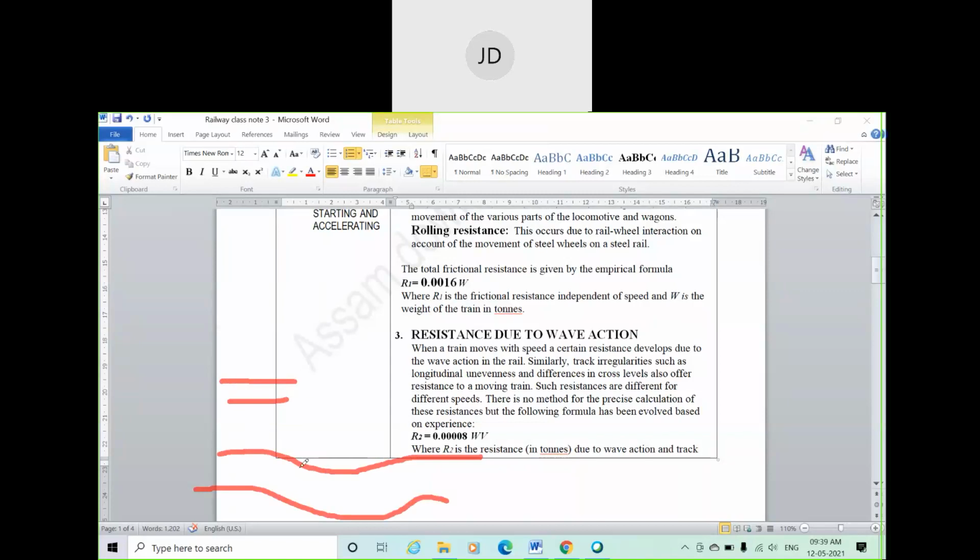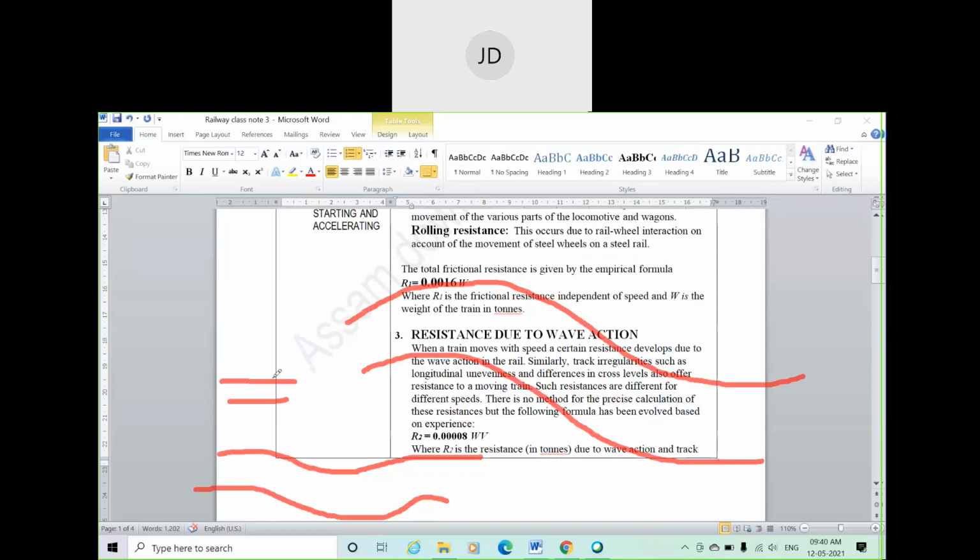Even in a cross-sectional view, in hilly areas the track must go up, then down, like that. So the track profile is not uniform.